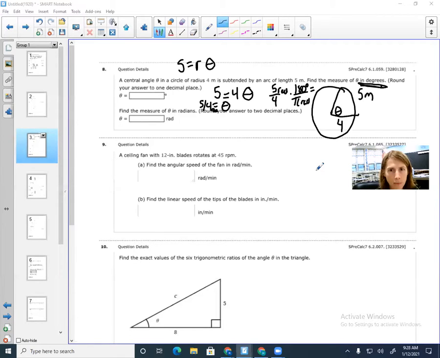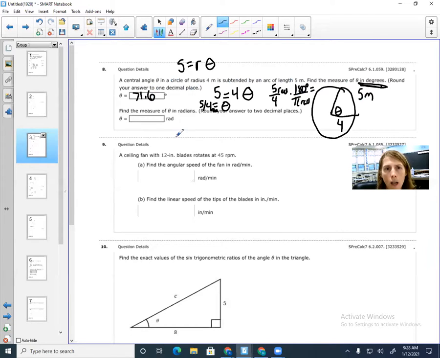Anybody else have an answer? Yep, I got the same thing. I got 71.6 degrees. Remember, you're rounding to 1 decimal place.